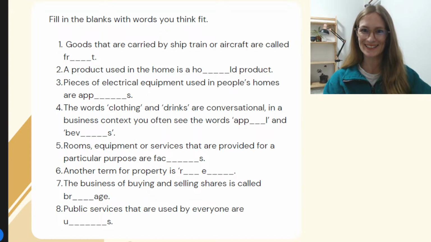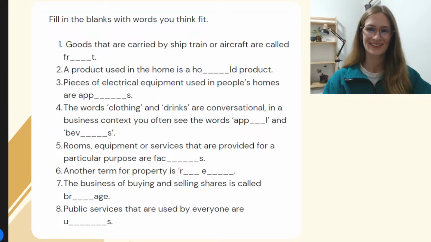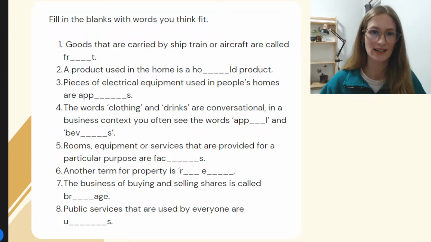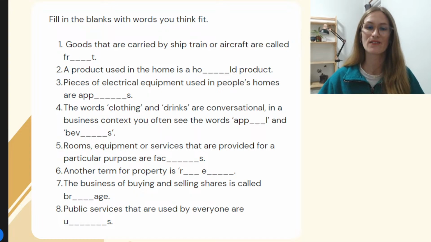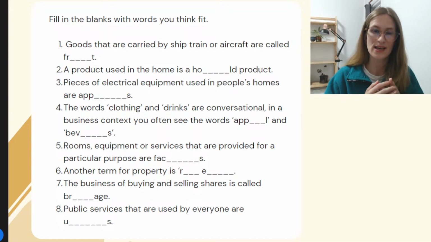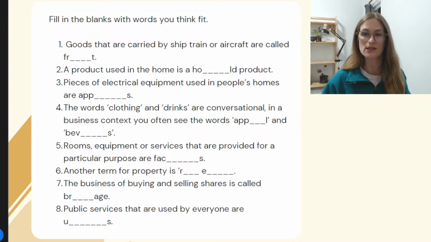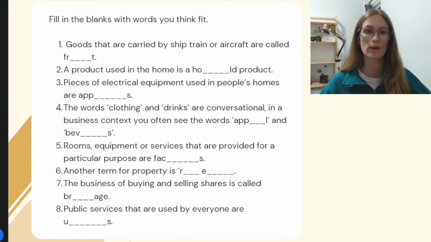Good job. Freight, exactly. So the first one would be freight. This is what we call, as it says, any product that is carried by ship, train or aircraft. In American English, they would call it cargo, but in British English, we're more likely to call it freight.